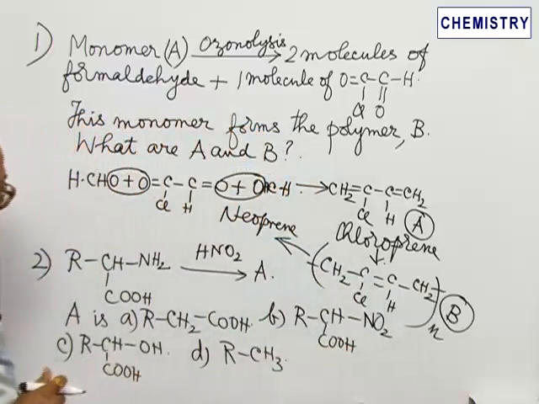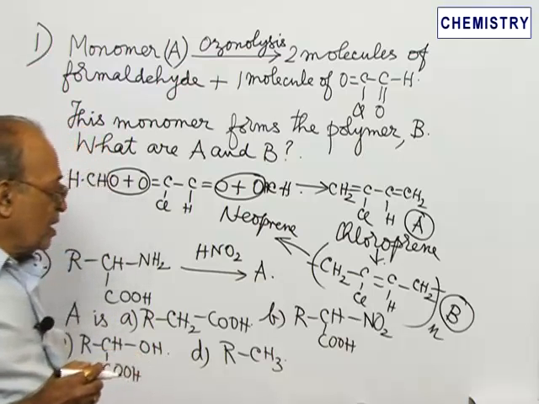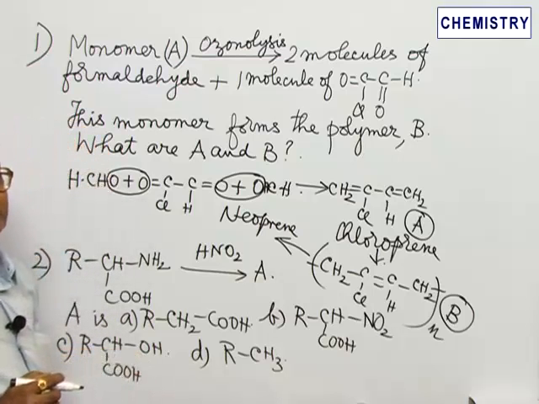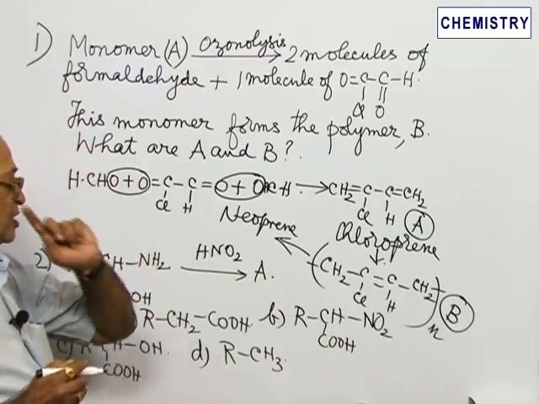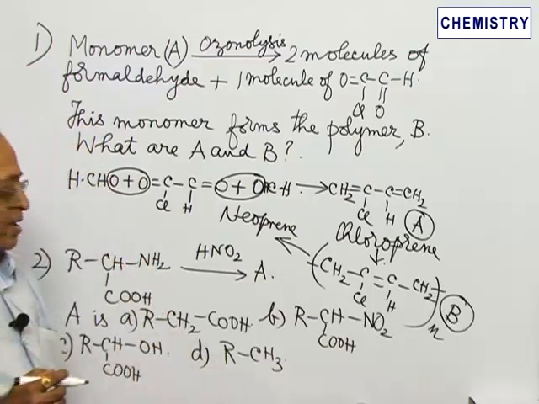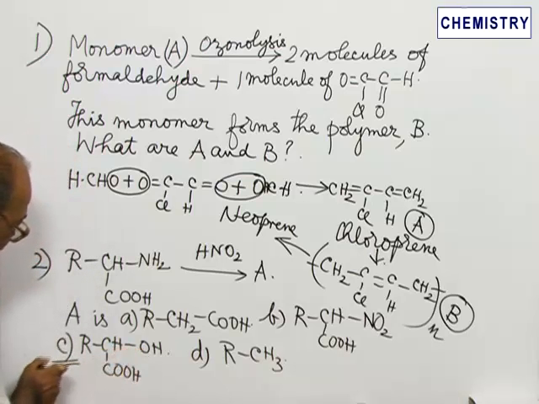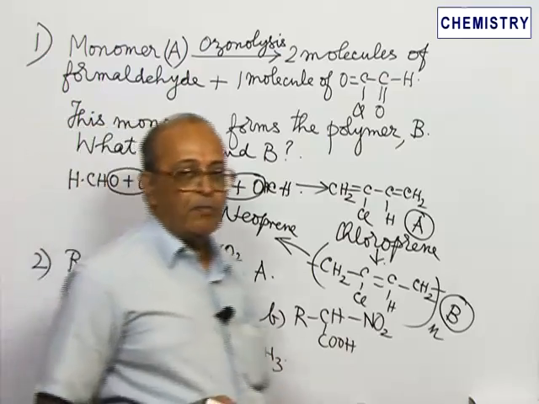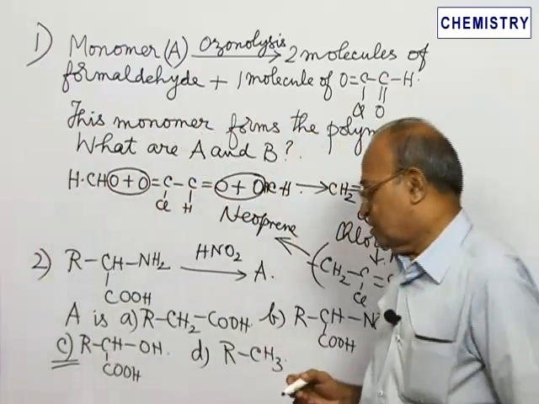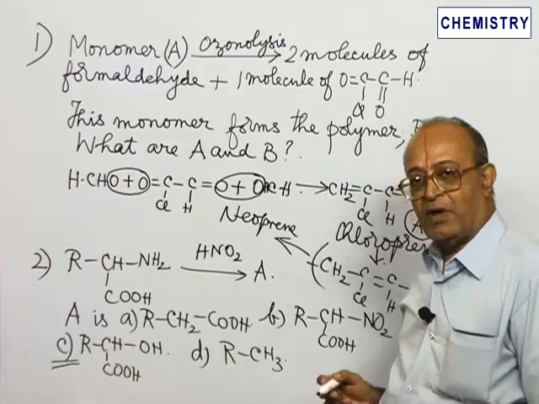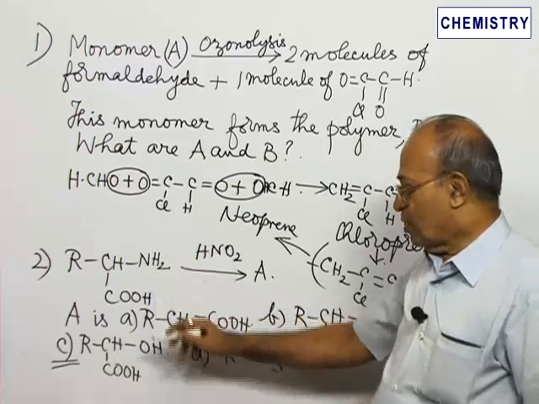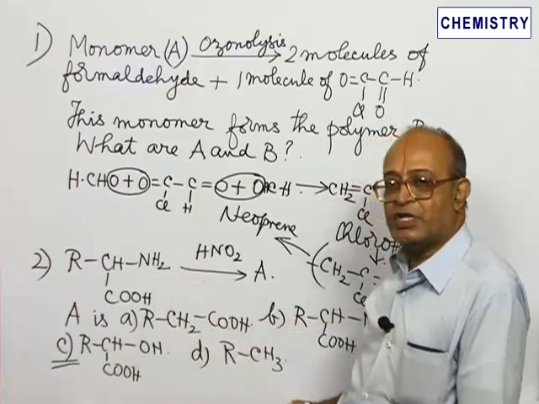So, if you look at the 4 options, first one is formation of carboxylic acid. Second one, it is given as NH2 replaced by NO2. That is not taking place. C is the correct option. So, an amino compound, when treated with nitrous acid, forms the corresponding hydroxy compound.